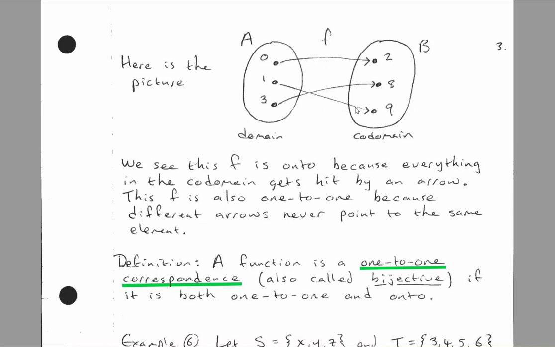It's onto and one-to-one. You can see why it's called a correspondence. For each element in A, there's a corresponding element in B. The two sets are linked up nicely.